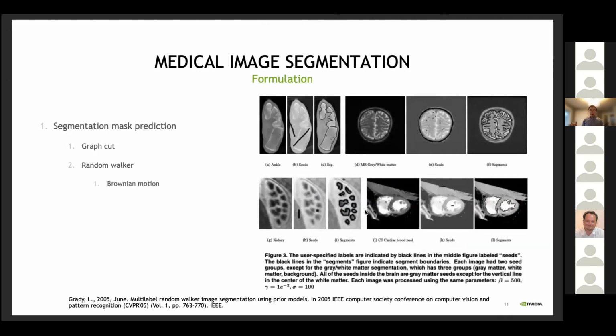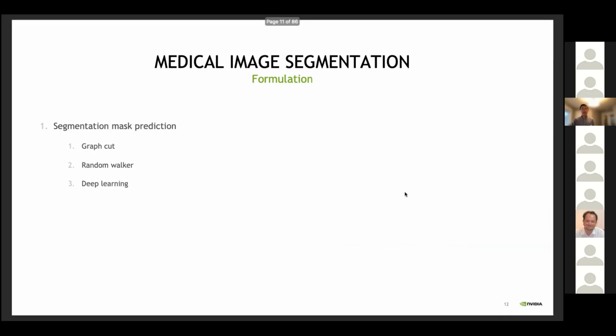Similarly to graph cut, people use a grid naturally formed from the 2D or 3D images, and use priors like background or foreground scribbles. Based on this, the algorithm figures out the probability of each pixel being foreground or background automatically, then does the segmentation task. And the next one is deep learning.